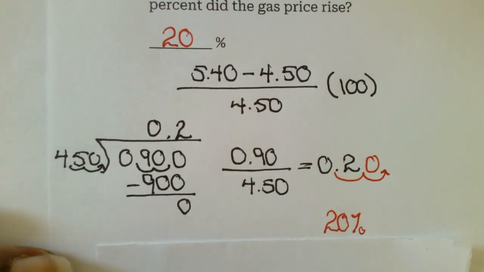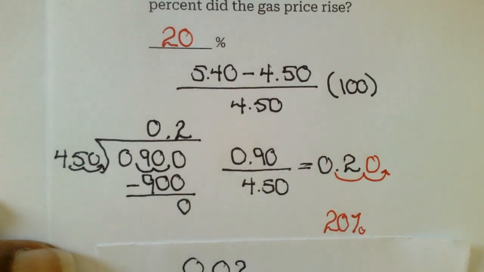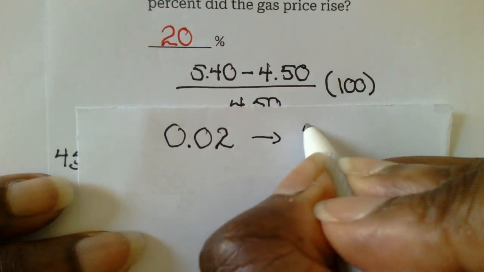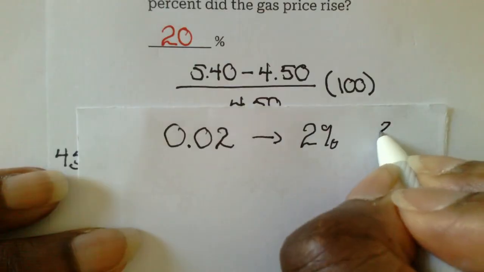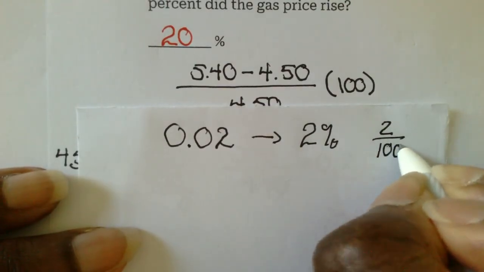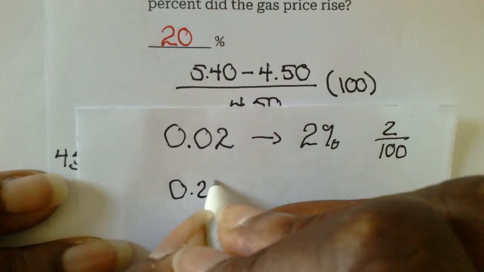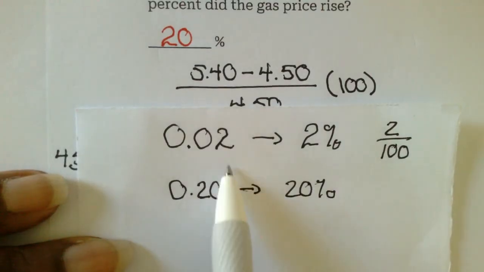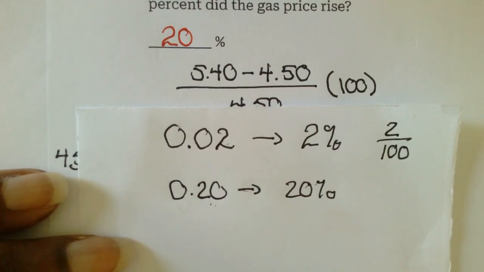So in order for it to be 2%, if you had almost like 2 cents, 2 cents, that's 2%. Because that's basically 2 over 100. Okay, 20%. And a lot of people generally get these mixed up.